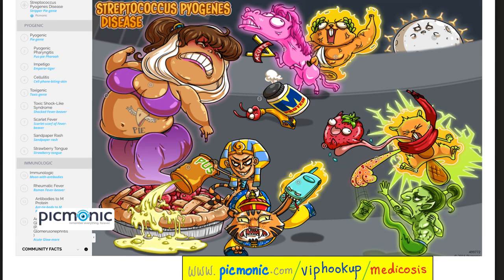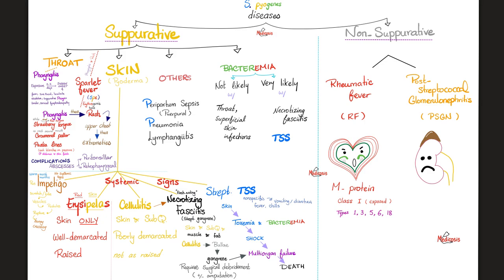Scarlet fever has the strawberry tongue, circumoral pallor, sandpaper-like rash, and of course the fever beaver. These are pyogenic. These were toxigenic, and don't forget my immunogenic, which include rheumatic fever, here's the Roman fever beaver, and acute post-streptococcal glomerulonephritis. Take a deep breath and let's review.